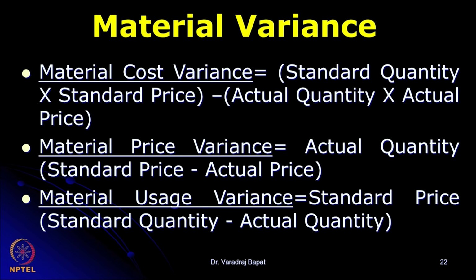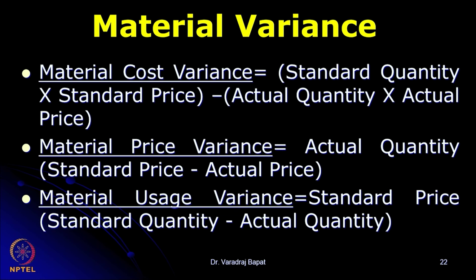Now, this is a comparison of standard and actual. So, it is standard cost minus actual cost. The standard cost is arrived by standard quantity into standard price minus actual quantity into actual price. This will give us the total variance. Getting me? This is the material cost variance.